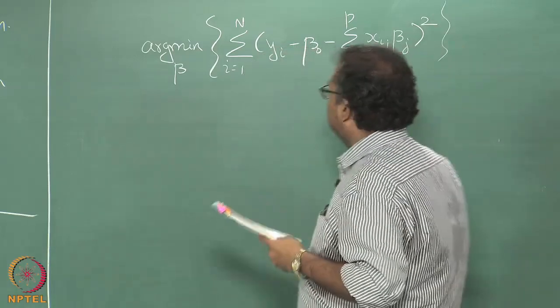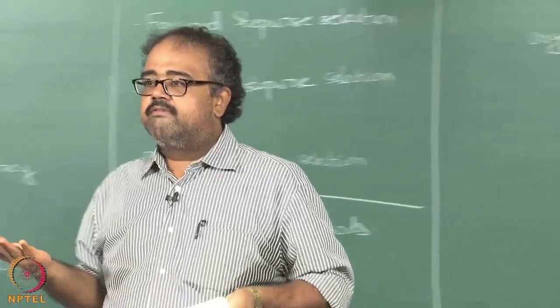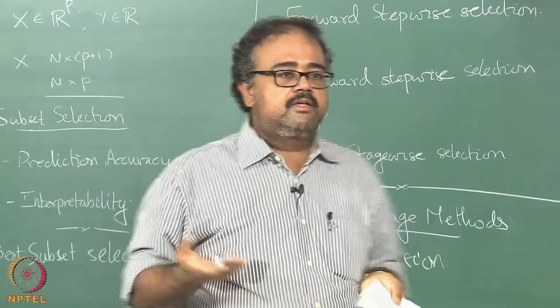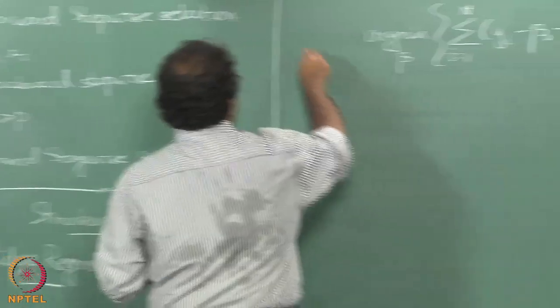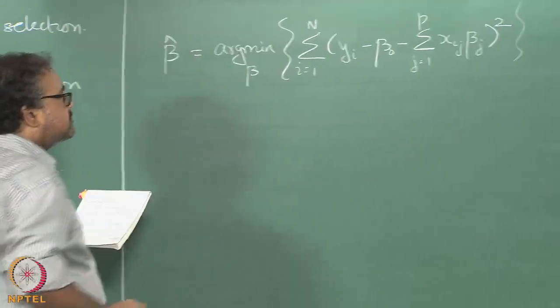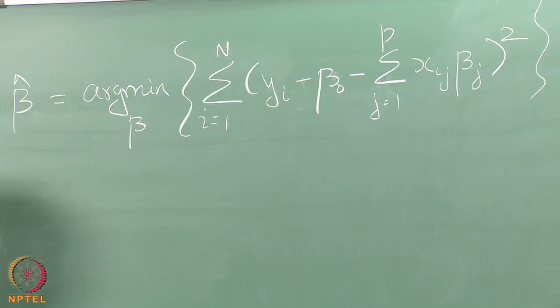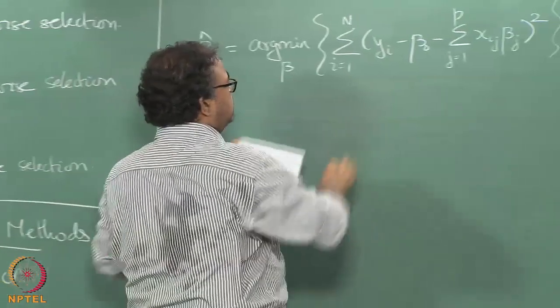Right. So that is the normal objective function for finding the betas. So your beta hat is essentially this.